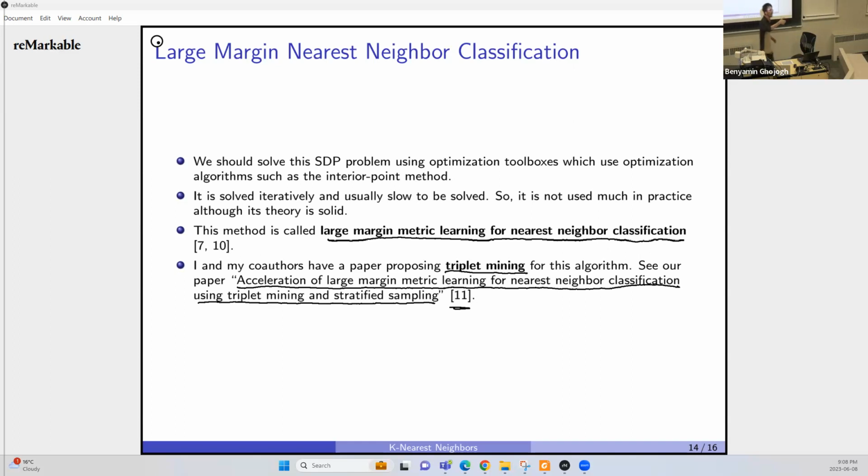You can sample them from the dataset randomly, right? Simply take a random point from the dataset as xi, then see its label. From the same class, randomly take another point as positive. From other classes, randomly take another point as negative, and do it multiple times. You will generate triplets, right?